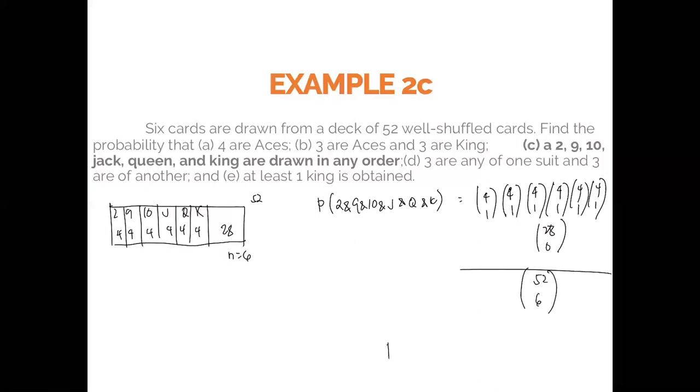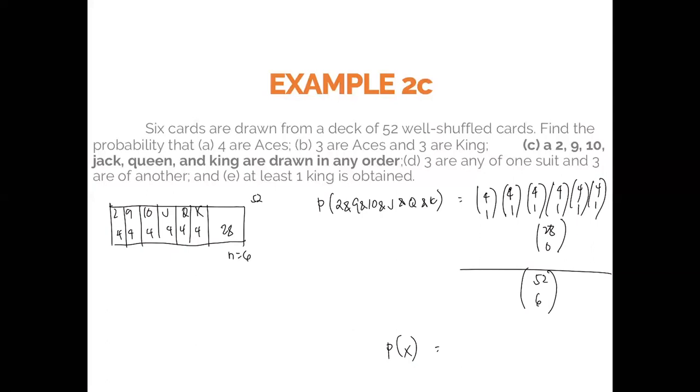So, yung probability natin yan is 4C1, pwede na natin yung erase sa 6, no? Kasi 6 times siyang i-multiply over 28C0. Okay? So, yung 28C0 pala is equal sa 1 lang din yan, no?